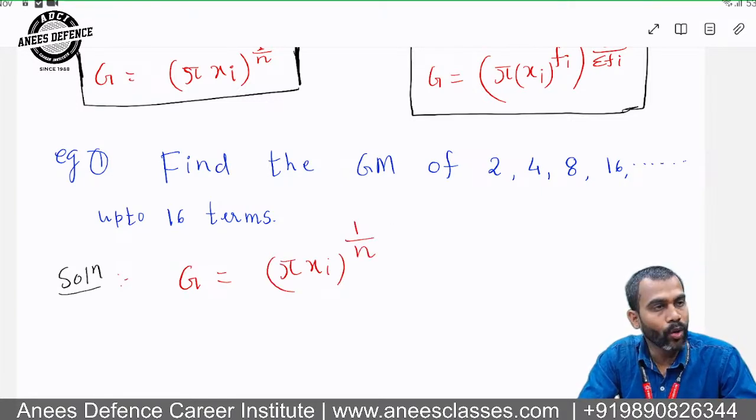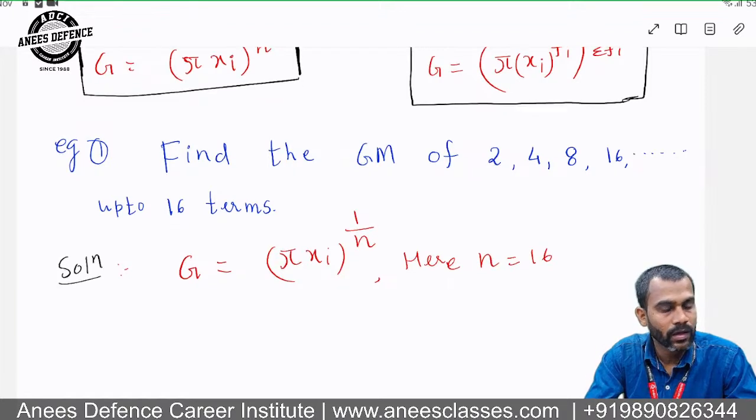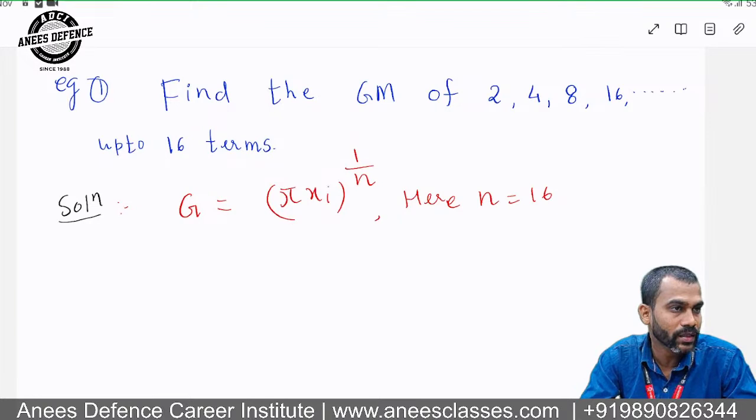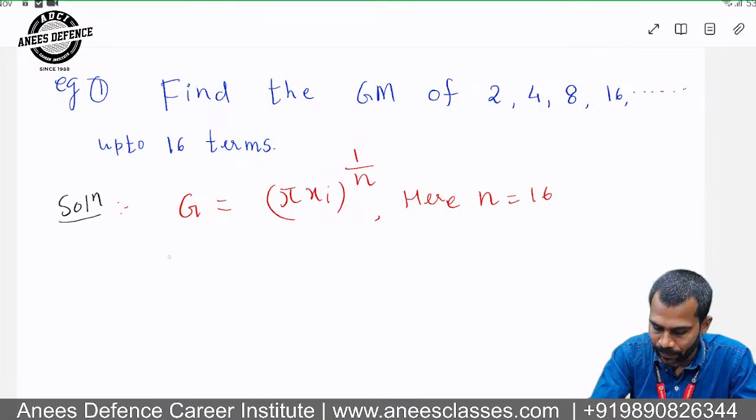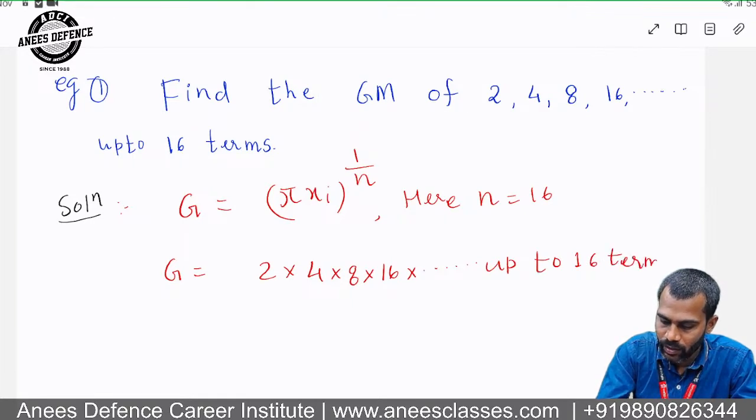So we already know how many terms are there. Here, n is equal to 16, isn't it? And xi is nothing but powers of 2, starting from 1 to 16. So can I write G is equal to 2 into 4 into 8 into 16 and so on, up to 16 terms, and whole power 1 by 16?